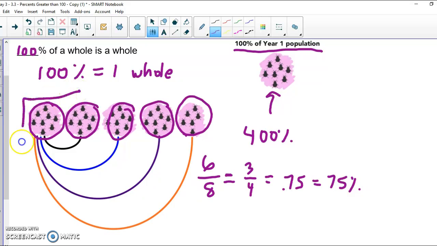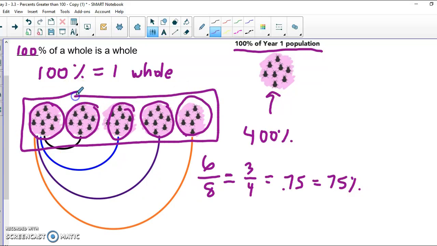So altogether then, this whole group would be 400% because I have 4 entire populations plus 75% of another population. So always think of 100% as comparison to one whole.